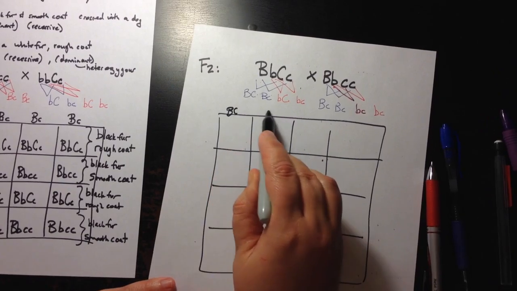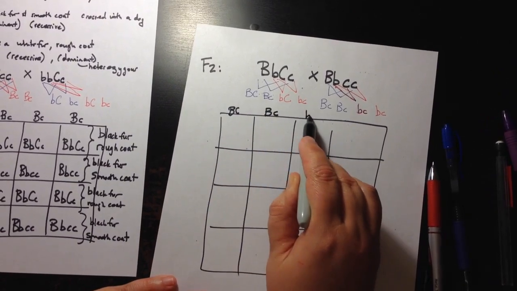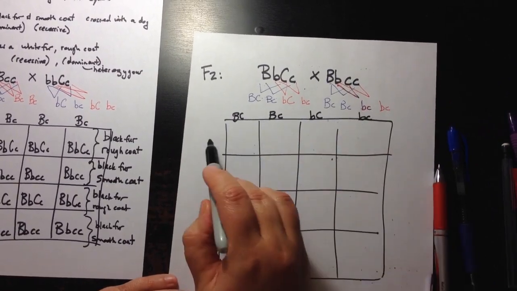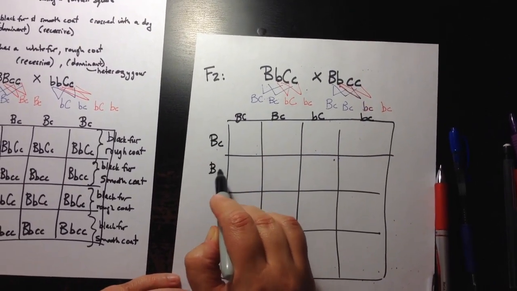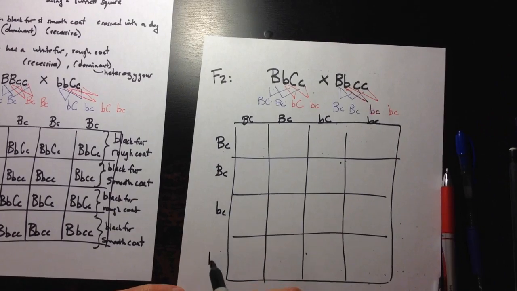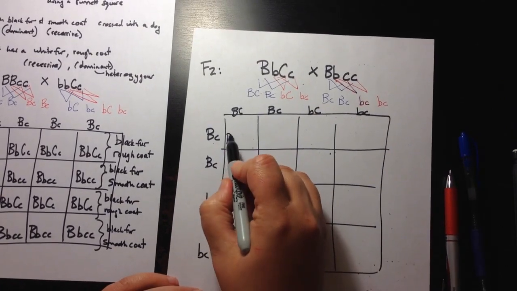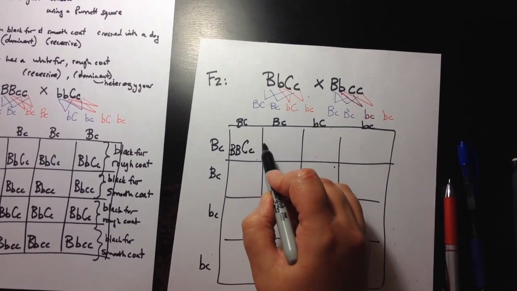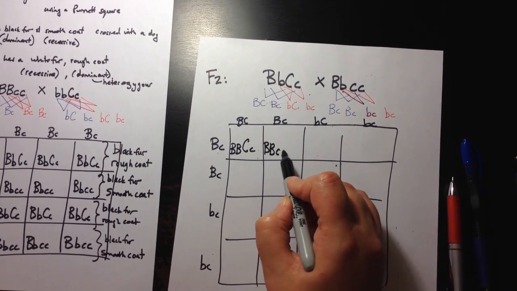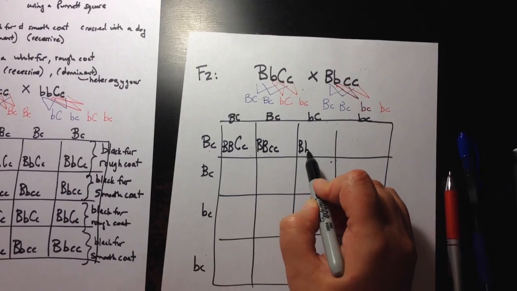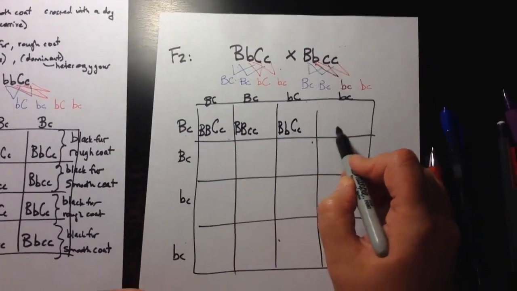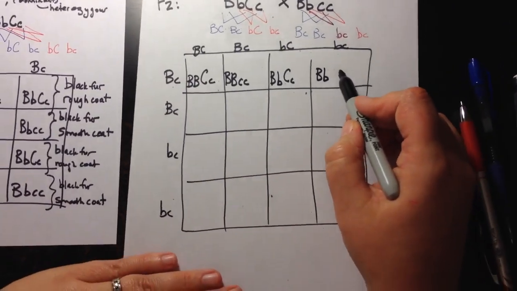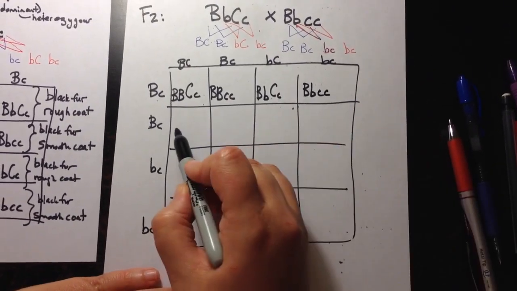So that is our first set of gametes we had over there, and then we take those and we put them on this side. And just like we did for the first Punnett square, we combine everything together. Now you'll see that the F2 offspring is going to look different than the F1 offspring.